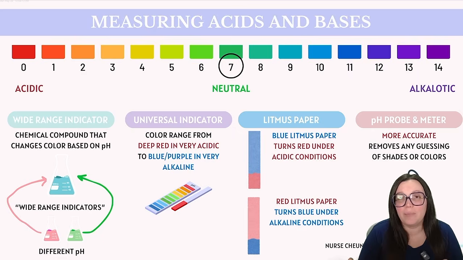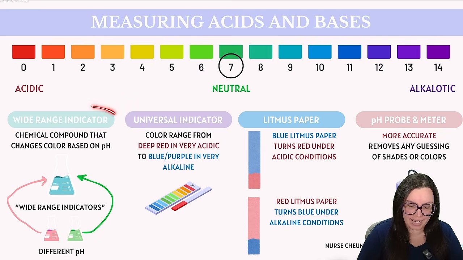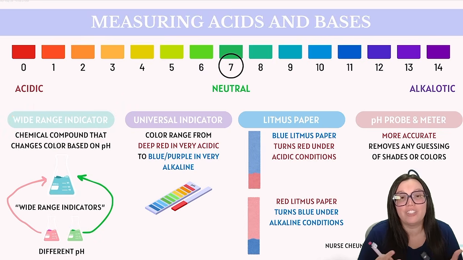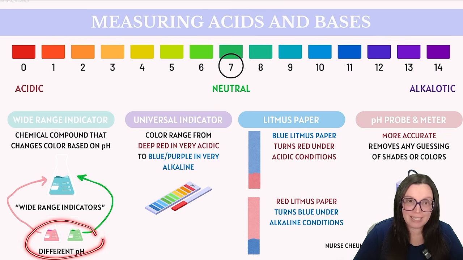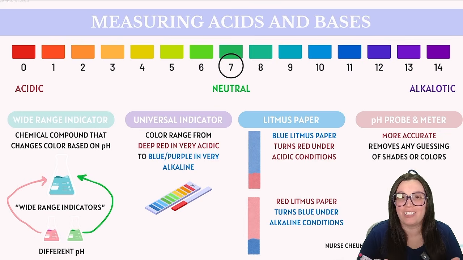So pH can be measured using several methods, each with its own advantages. One common method involves the use of indicators, which are chemicals that change color based on the pH level of the solution that they're in. These indicators are typically dyes that respond to specific pH levels, making them useful for visual assessments of acidity and alkalinity.